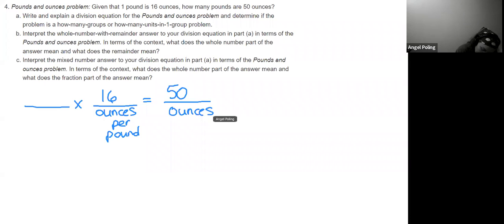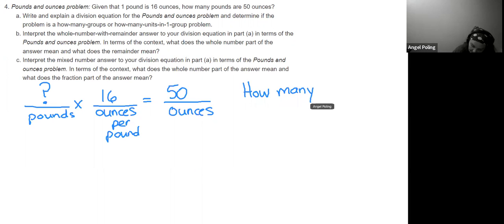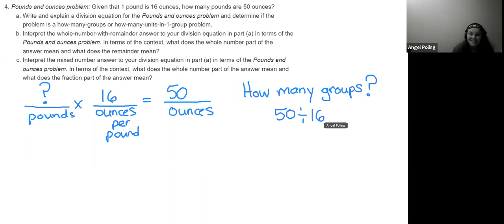We are looking for the number of pounds. So this is a how many groups perspective, and the equation is 50 divided by 16. So that's our part A.